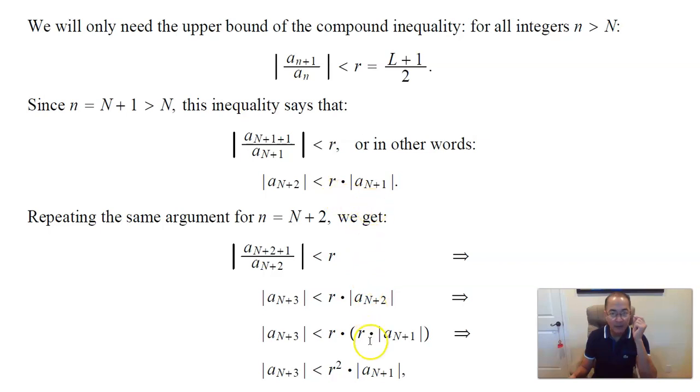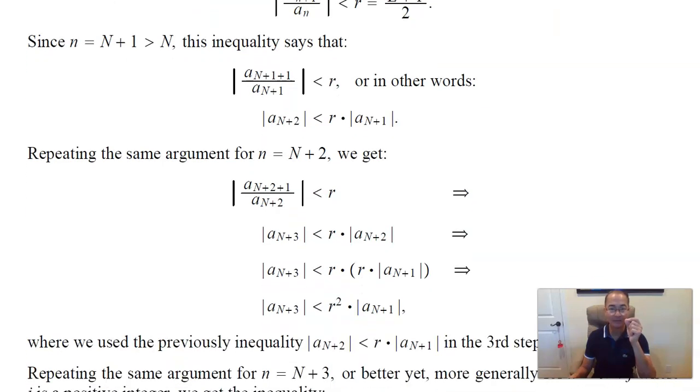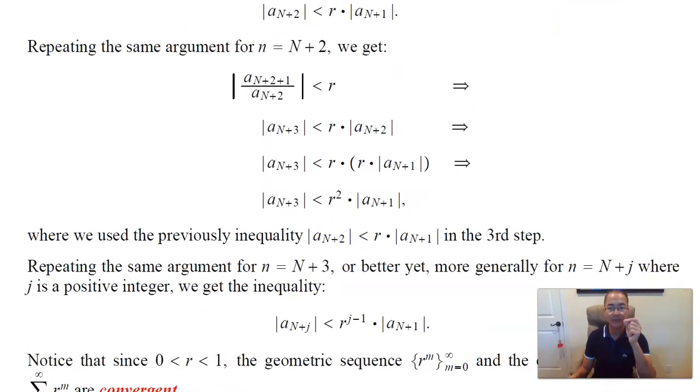It is smaller than r times |a_{N+1}|, so |a_{N+3}| is also smaller than r times another r times |a_{N+1}|, which is r squared |a_{N+1}|. Okay, so repeat this argument. When you plug in N plus 4, you're going to get |a_{N+4}| less than r cubed times |a_{N+1}|.